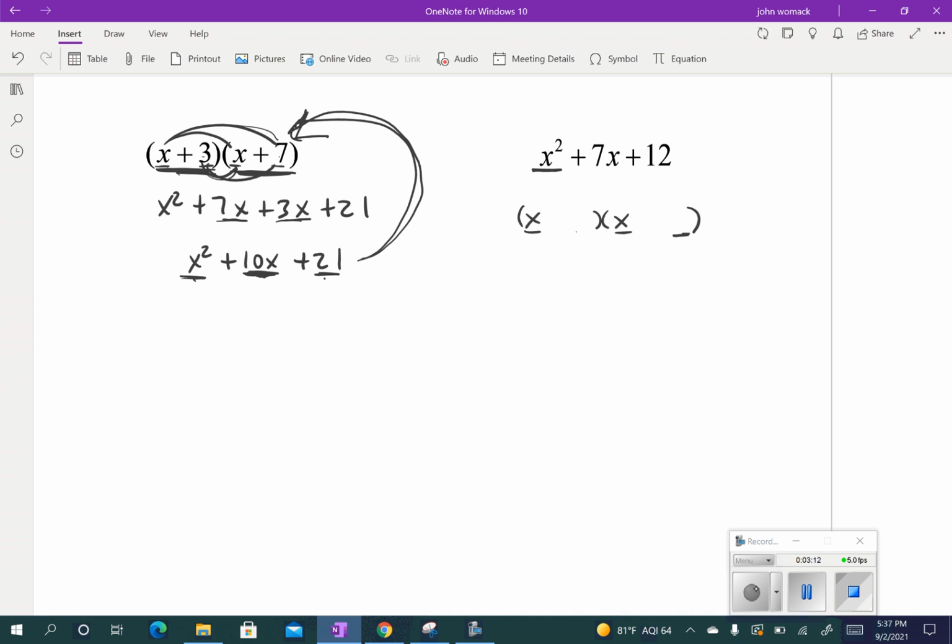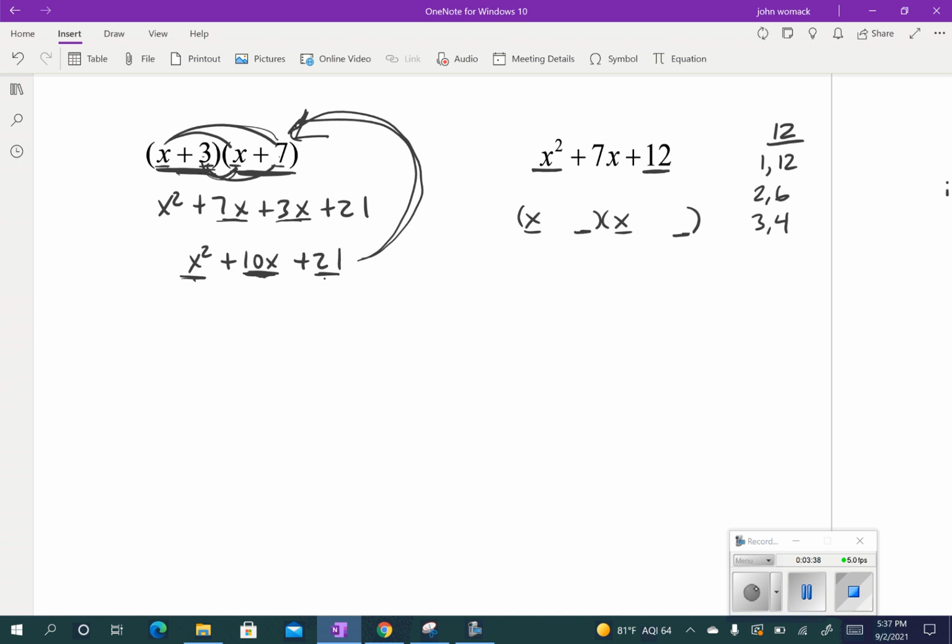That and that, when I multiply it, has to give me the 12. Well, to get 12, there's actually several different things I could multiply. It could be a 1 and a 12. Right, 1 times 12 is 12. It could be a 2 and a 6. Or it could be a 3 and a 4. I think those are all the pairs of factors that give you 12.